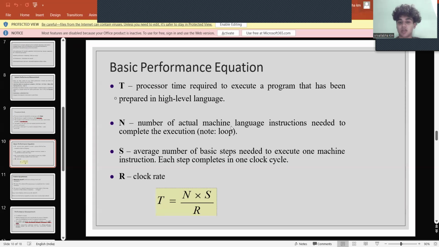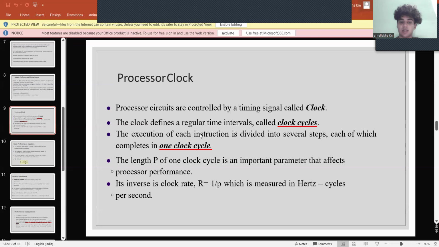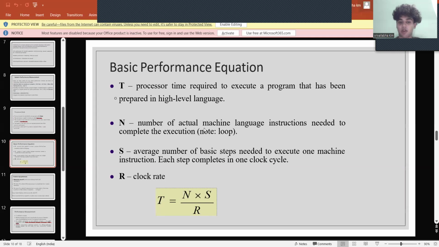N is the number of actual machine language instructions needed to complete the execution.